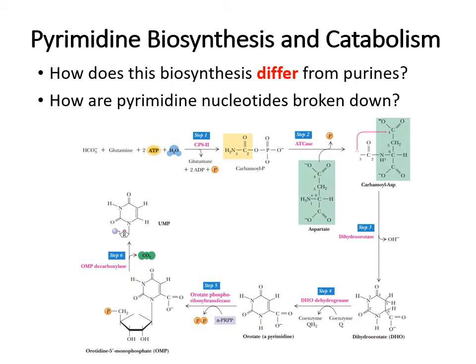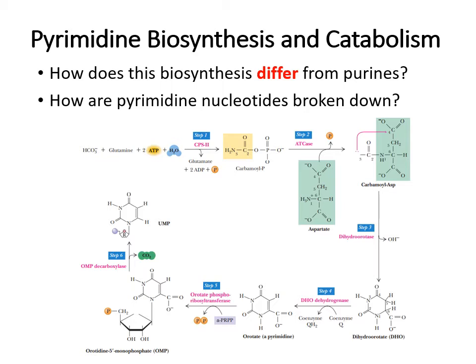So in the case of pyrimidine biosynthesis, that pyrimidine ring is assembled before it's attached to the ribose 5-phosphate, whereas in purine synthesis, you saw that the growing ring system was bonded to the ribose while the whole skeleton was being assembled. Okay, so in purine biosynthesis, the attachment to the ribose and the ring is at the same time as the overall synthesis, whereas in pyrimidines, the ring is assembled before it's attached to the ribose.